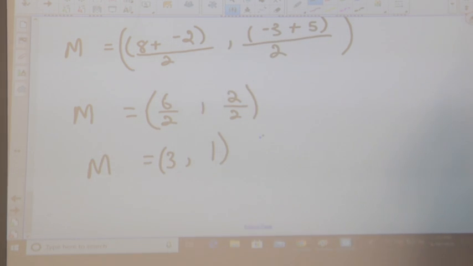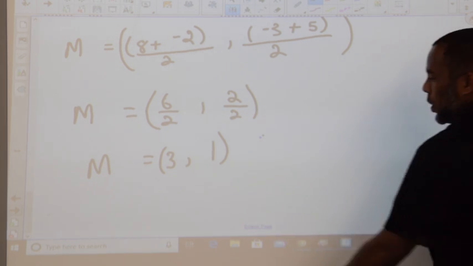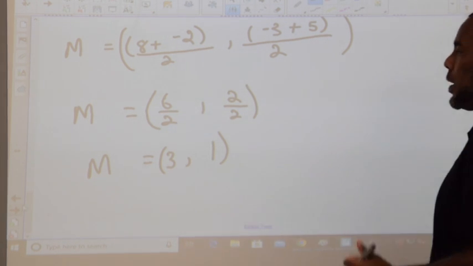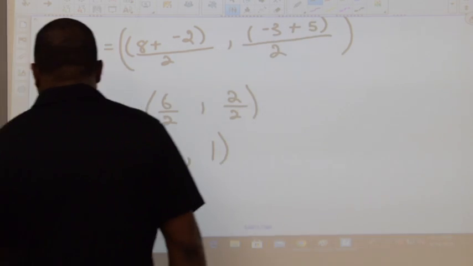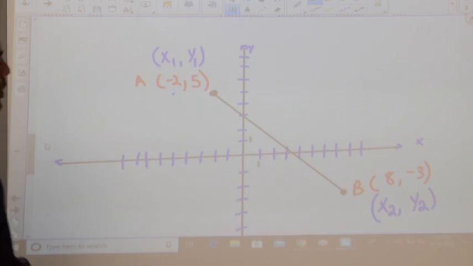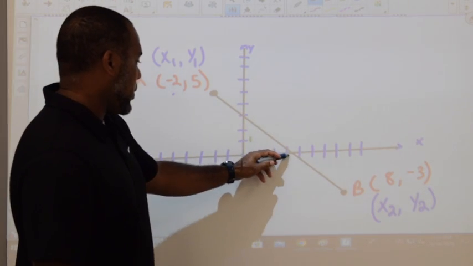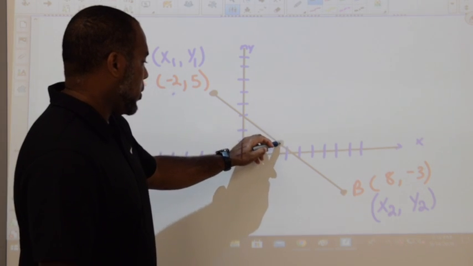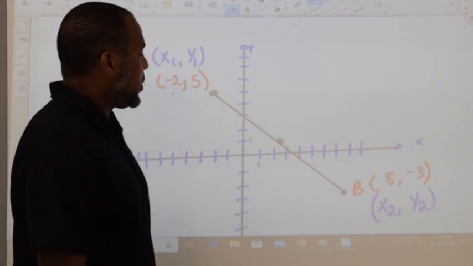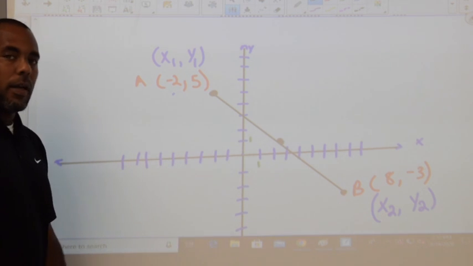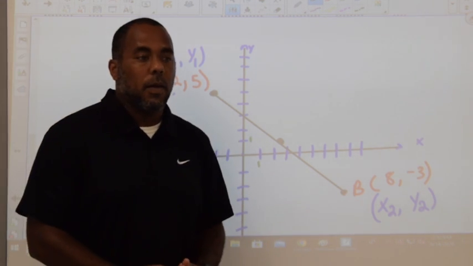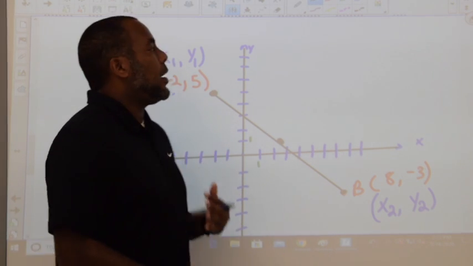The midpoint is at 3, comma, 1. With that, I should be able to go back up. Say 1, 2, 3, and up 1. Now it's not drawn to perfectly great scale, but there should be my midpoint right here. And you are done. That's how you find the midpoint.